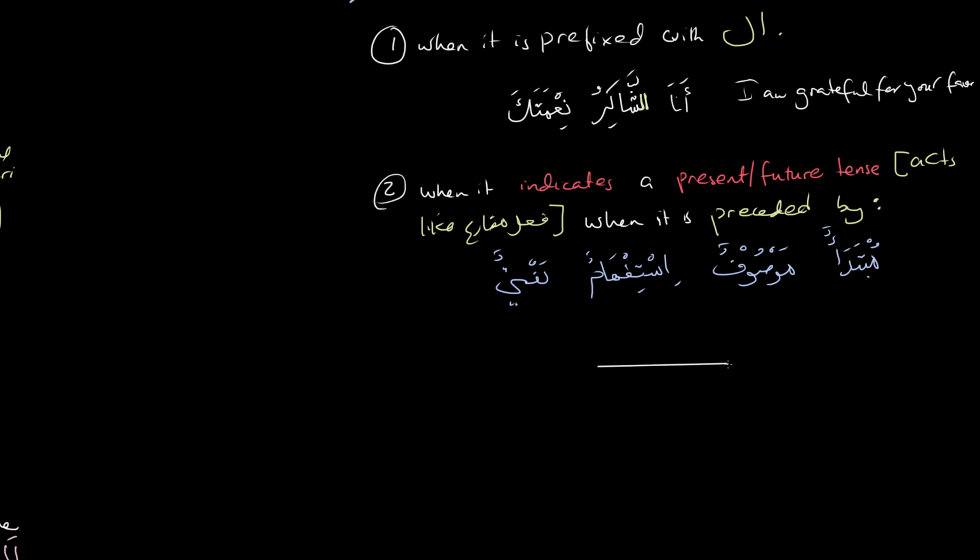So if one of these four is over here, and then we have our ism fa'il over here, then it will function as fa'il mudari.